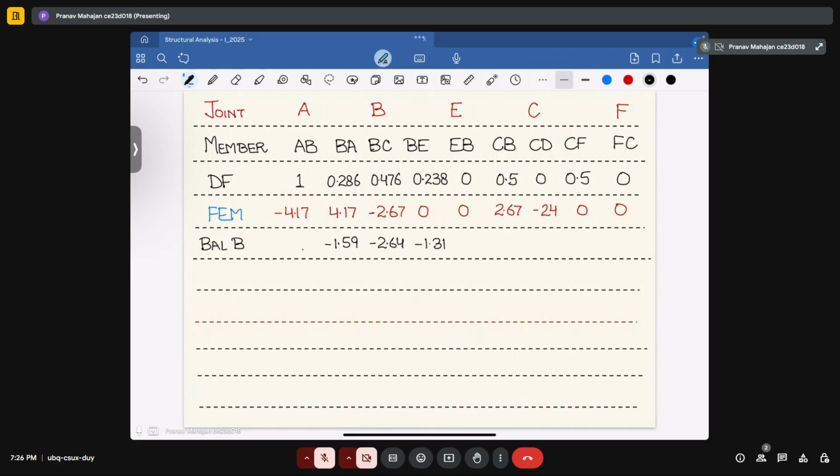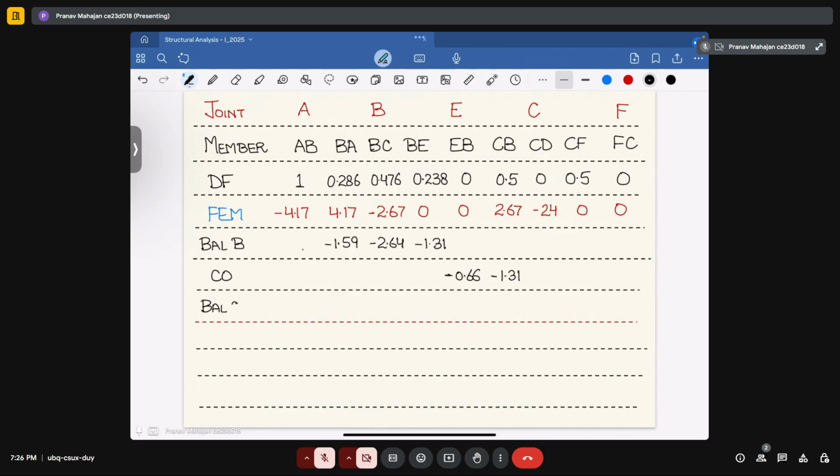We can check their total will come out as 5.5. And then here also the carryover will occur, minus 1.31, and here it will be minus 0.66. Fine. Now due to this 1.31, again we have to balance the section C.